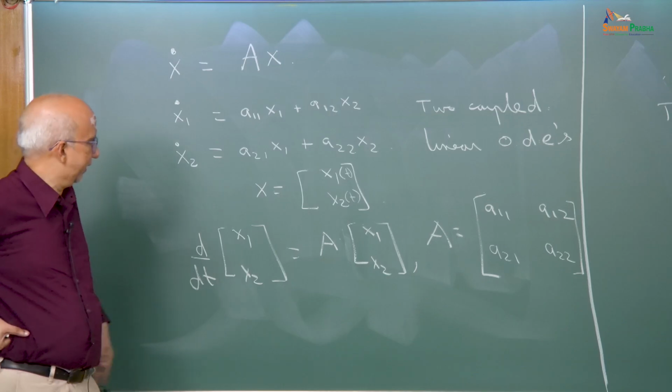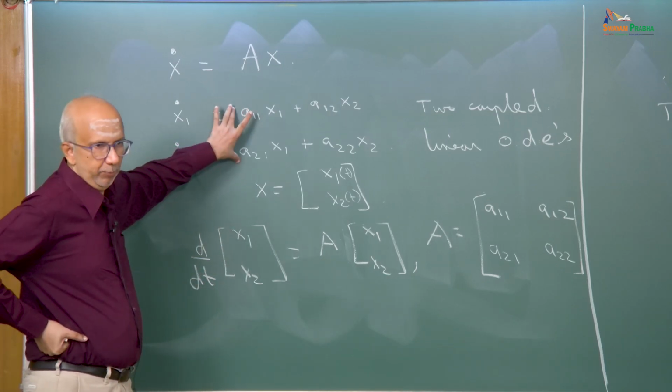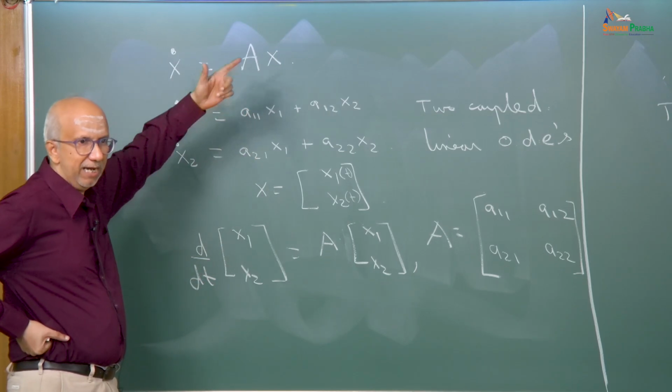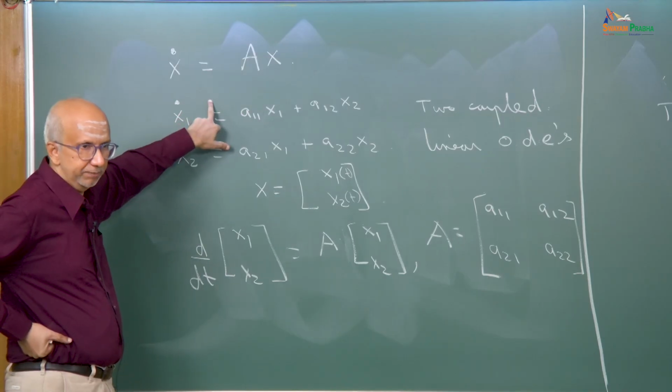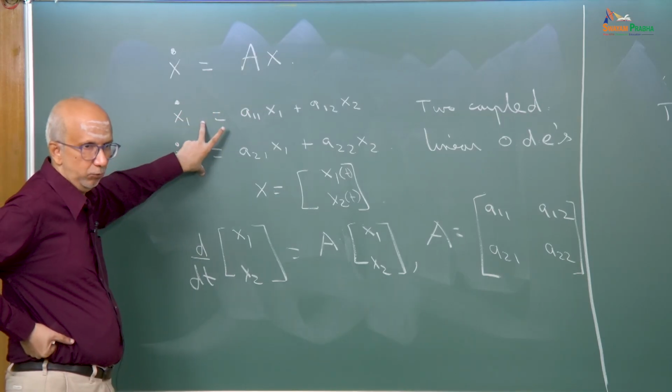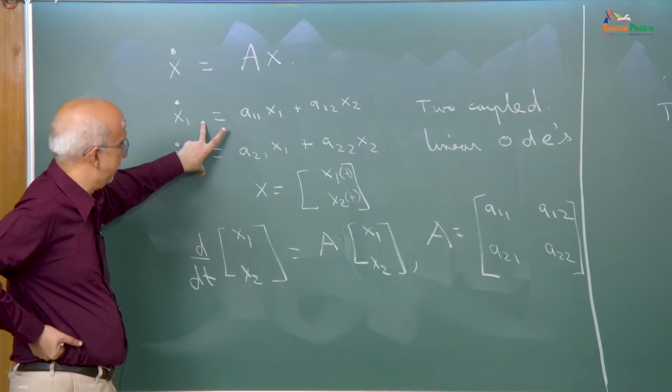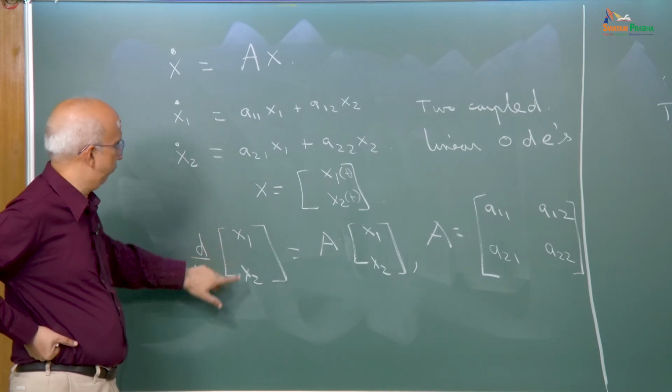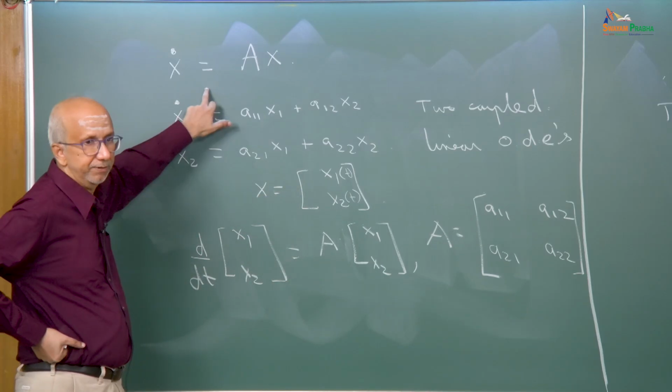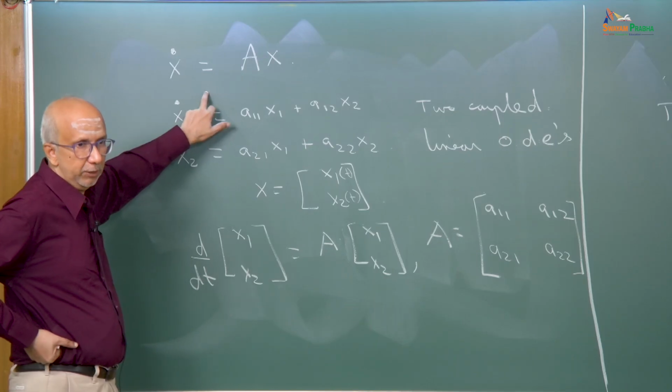So, that is what I have done. I have taken these equations and recast them in a vectorial notation. It is a system of two linear equations, and because they are linear I am able to write it in the matrix form here.